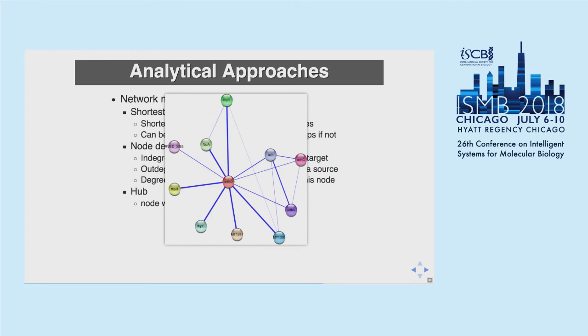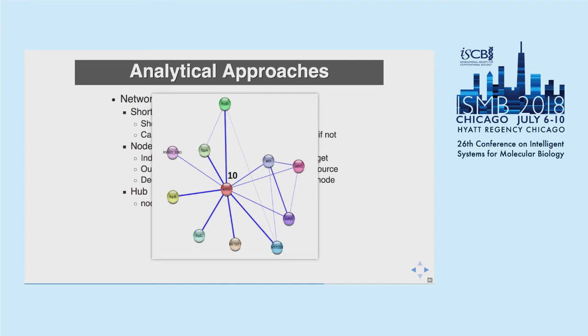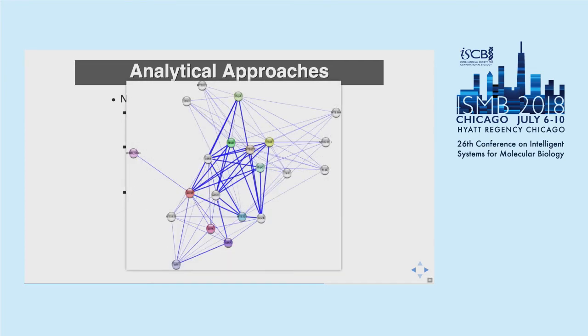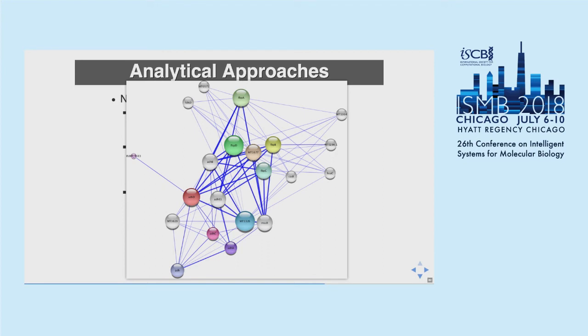This is obviously a STRING network, and we can show the degree by changing the node size to map to degree. Again, the degree becomes a column in the table, and now I can set up a style that will say, okay, I want the degree to set the node size.